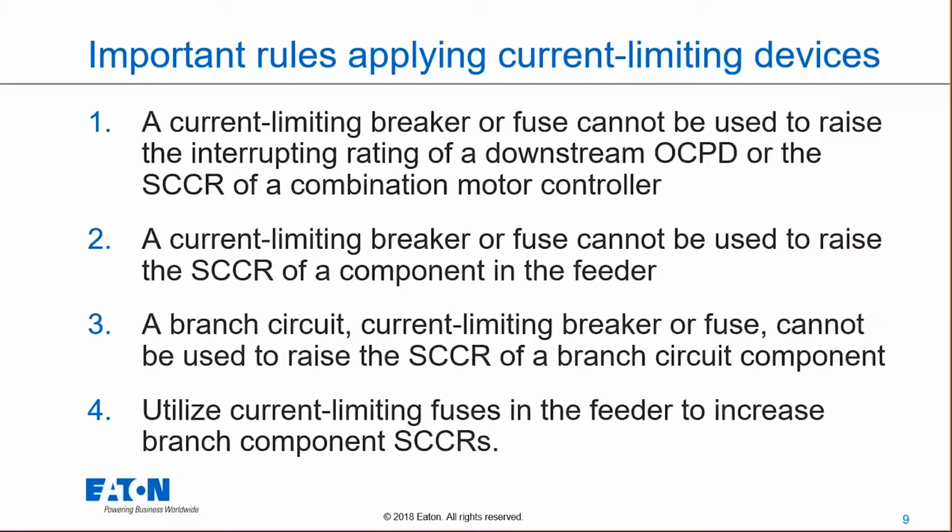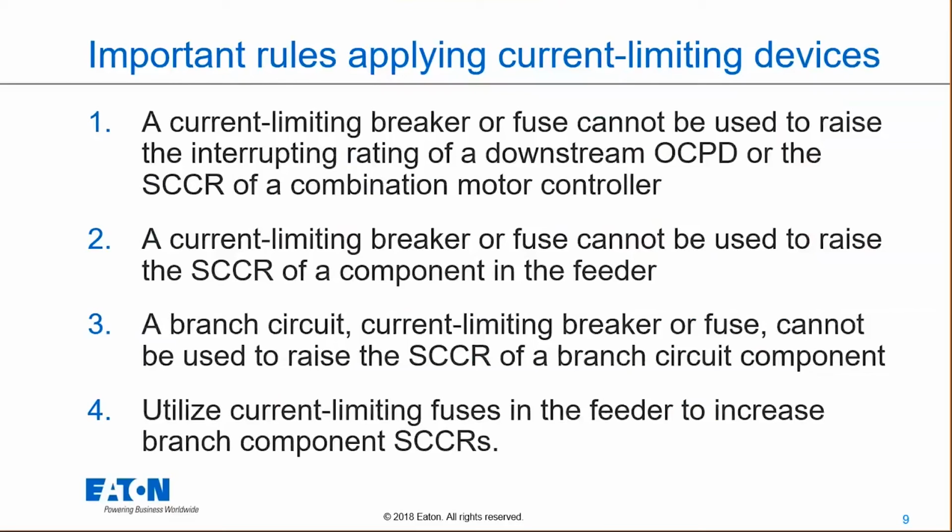Two, a current limiting breaker or fuse cannot be used to raise the SCCR of a component in the feeder. We've talked about raising the ratings of a component in the branch, but when I have a component in the feeder, so if I have a power distribution block, it has to be rated with that feeding device. If I want to get a high fault current rating out of there, I have to choose it adequately to use with that particular breaker or fusible switch or fuse that's there.